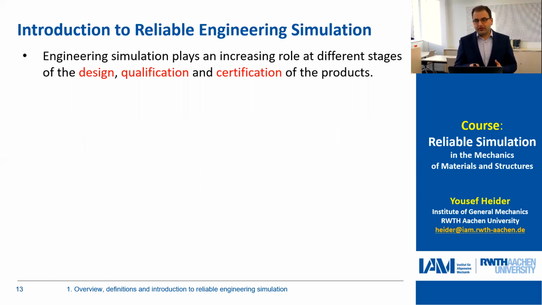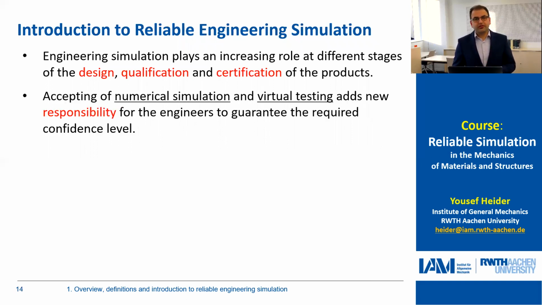Nowadays, they are a very important part of the design, qualification and certification of certain products. The acceptance of numerical simulation and also virtual testing adds a big responsibility to engineers, because now this numerical data and these results can be used directly in building a new product. And this is a big responsibility.